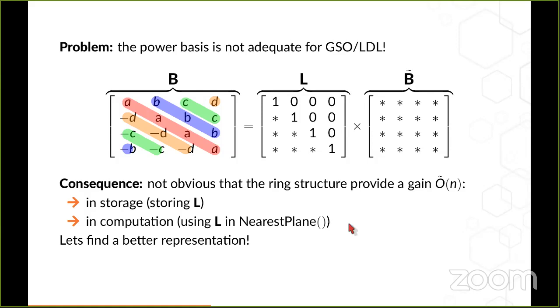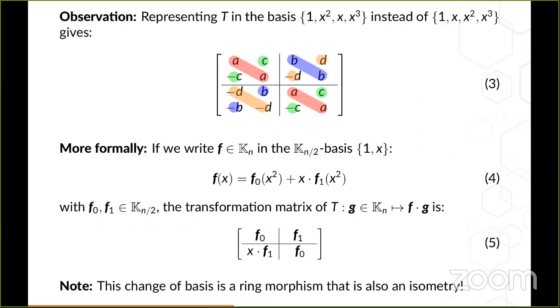And this is unsatisfying because if you look at algorithms such as the round-off algorithm, well, the round-off algorithm is very amenable to the ring structure. And for the round-off algorithm, you can get a complexity big O of n log n. So our goal will be to find a better representation. And this is what I will talk about in the next slide.